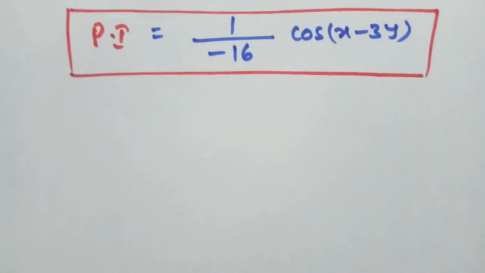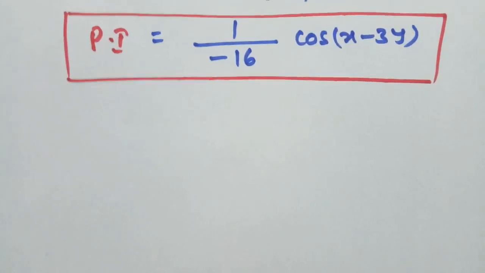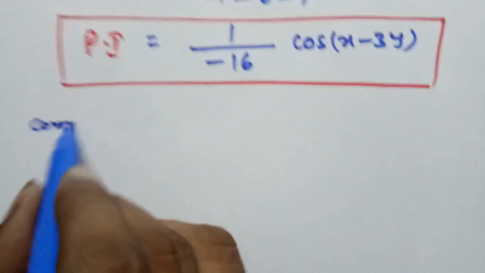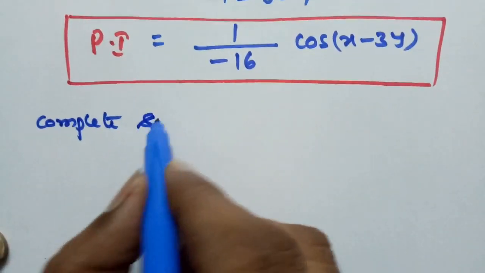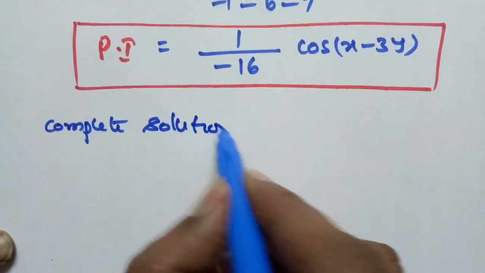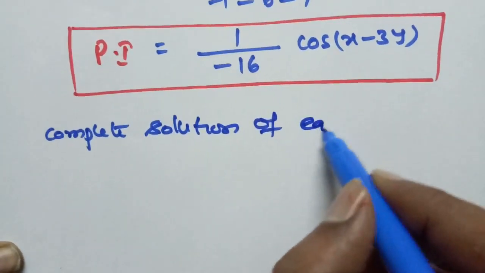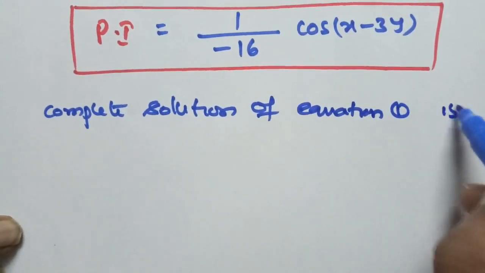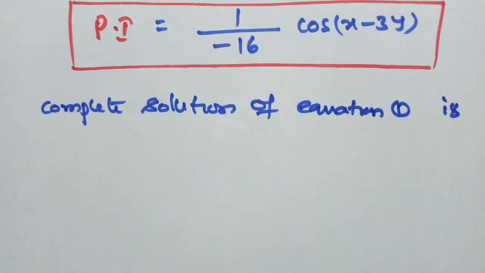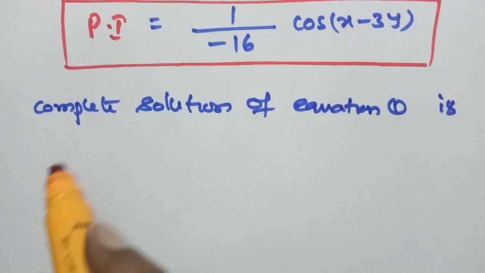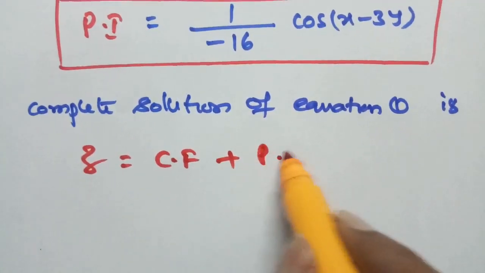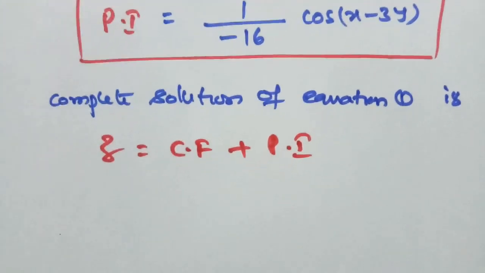Now complete solution is z is equal to complementary function plus particular integral.